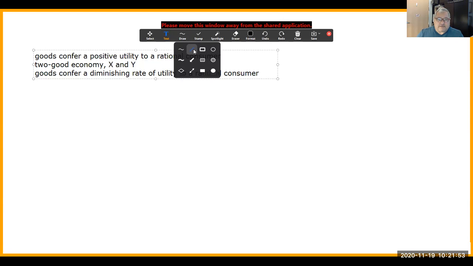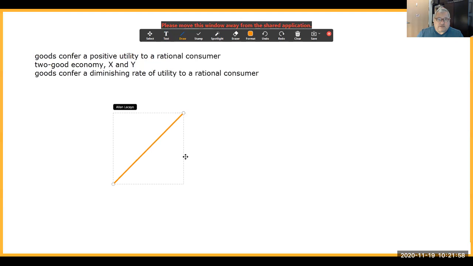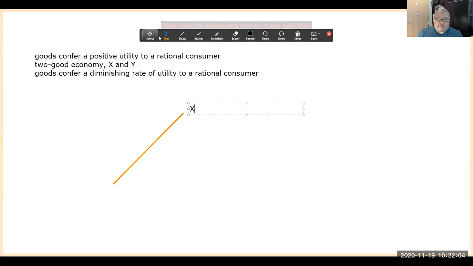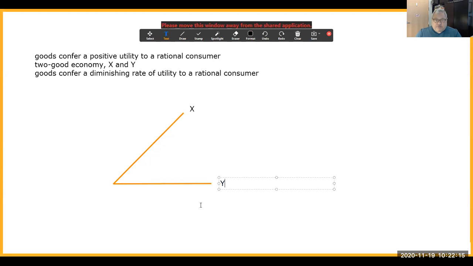So if I were to look at this in a graphical setting, I would have one dimension called X. I would have a second dimension called Y. One in which, as you move away from the origin, you have more of X and more of Y. And so that origin is where the star is located.